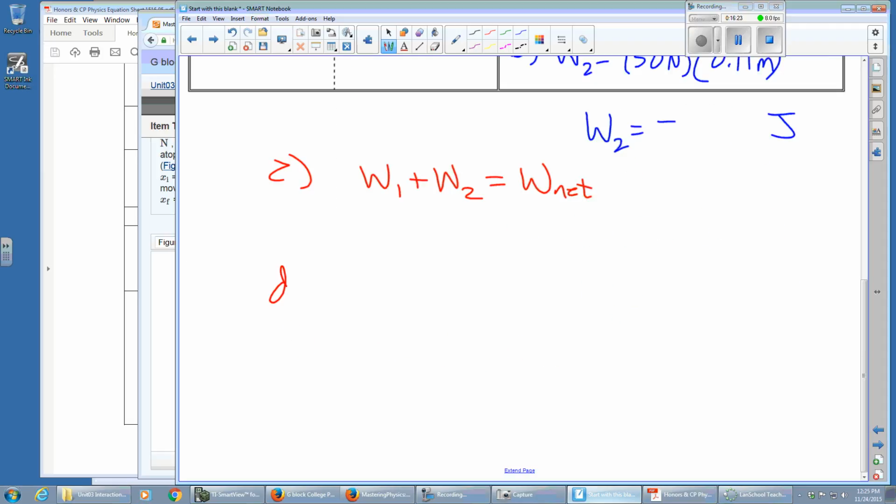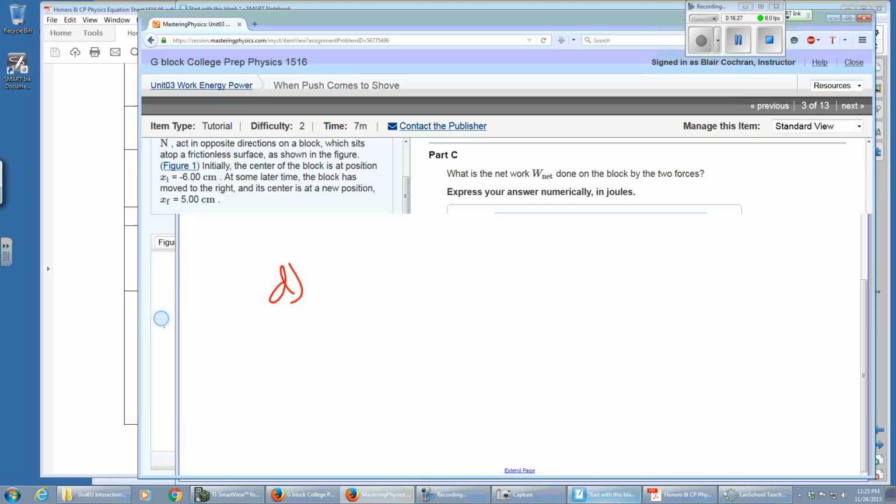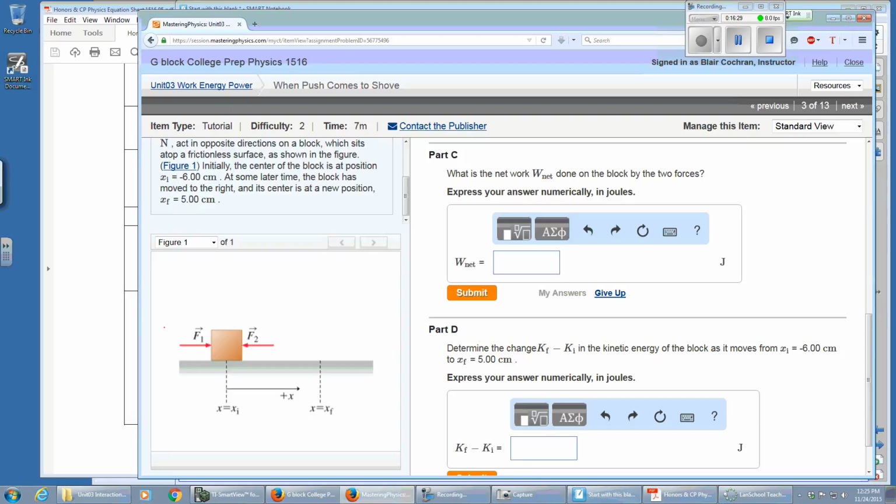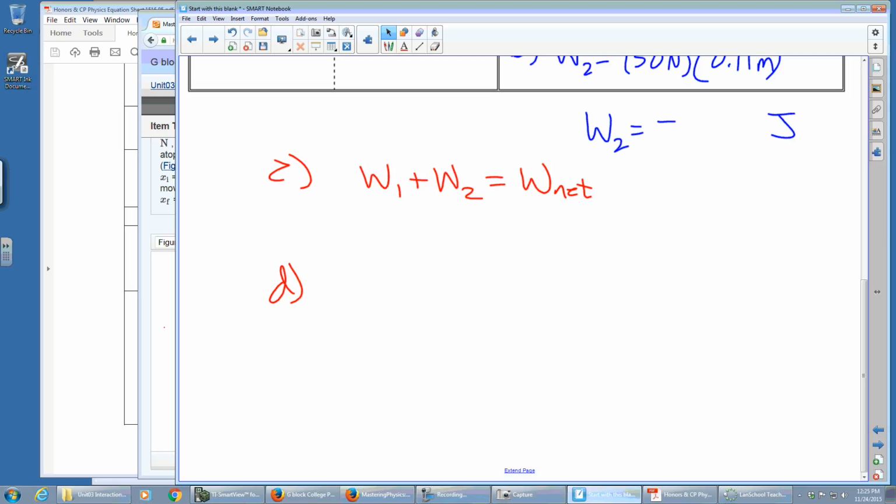And then part D, they want to know what's the change in kinetic energy. I had an equation last time: W net equals the change in kinetic energy.